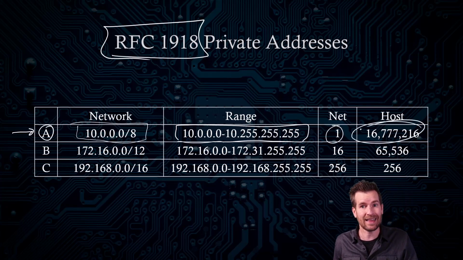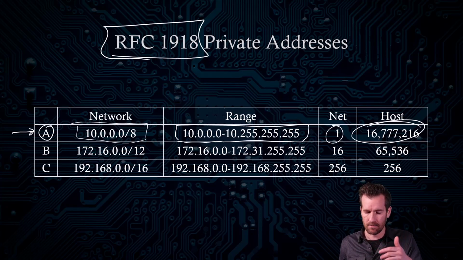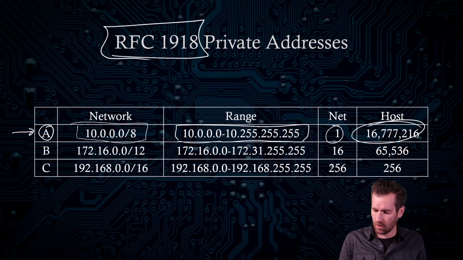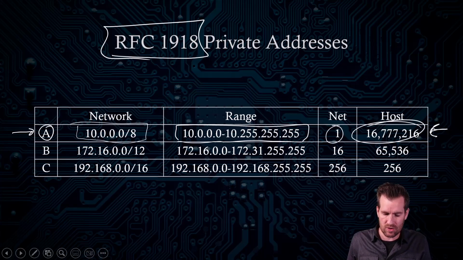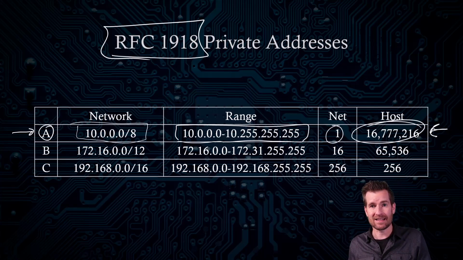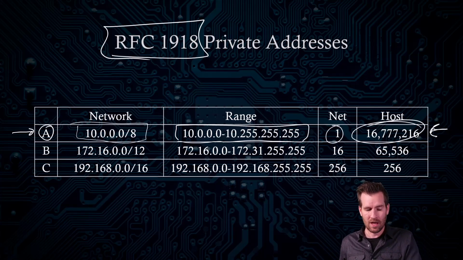Like I said, we can break that down into smaller pieces, so we can create more networks with fewer hosts per network, which makes a lot of sense. A lot of corporations and enterprises, large networks, will use this 10 range, and even a lot of small networks will use it as well because it gives us a lot of variety. Why not just choose the 10 range so you can add a lot of variety?